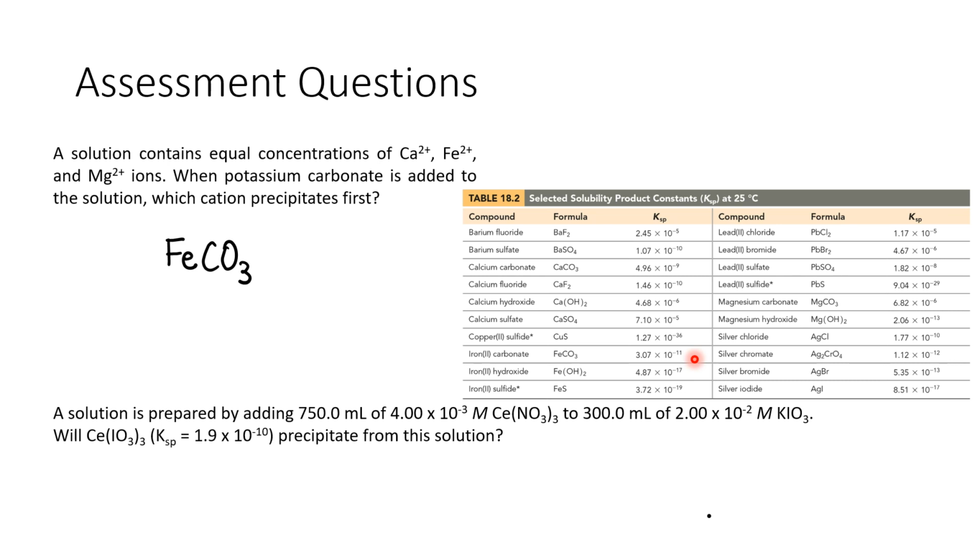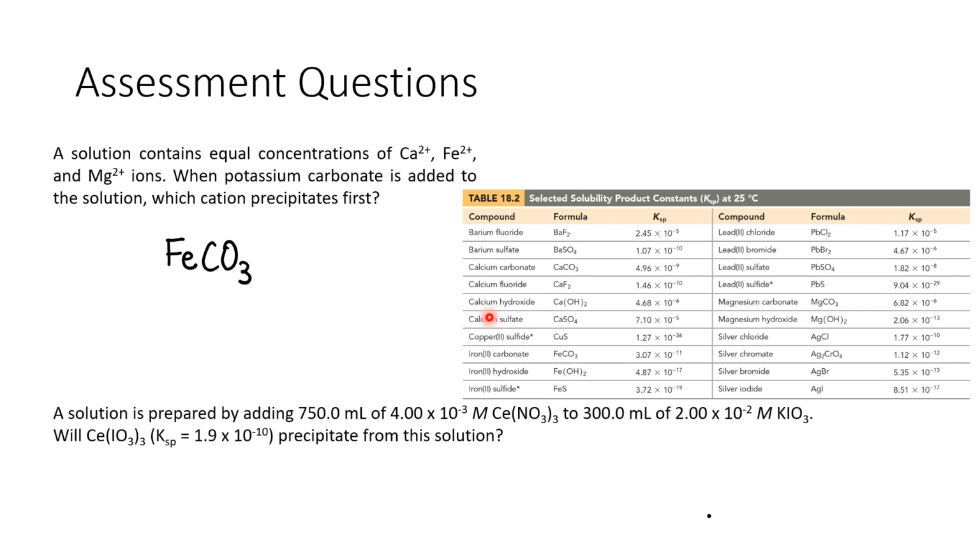So if I'm adding carbonate to a solution of calcium, iron, and magnesium, the iron's going to precipitate out first because it doesn't take that much carbonate to precipitate it out, given that it has such a low KSP relative to the other ones, right? Looks like this one's the lowest, right? 10 to the negative 11 versus 10 to the negative 9 versus 10 to the negative 6. So the answer is iron carbonate, okay?